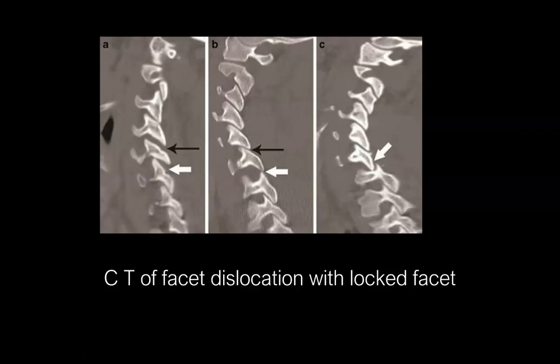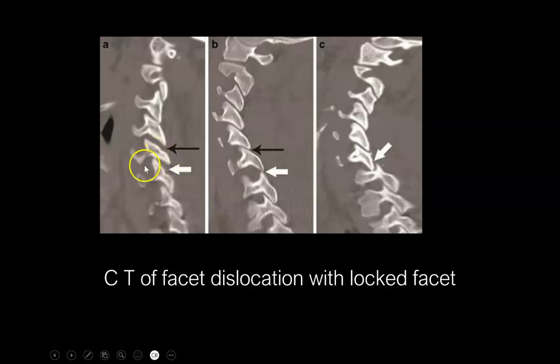The best way to see it is to do the sagittal reconstruction of the CT, paramedian, and you find this is a complete good relation. But look with this, the inferior articular facet of the vertebra above moved, but not to the extent of locking.